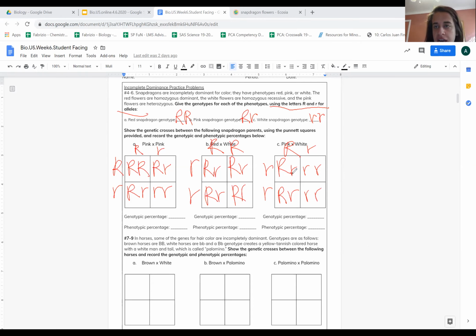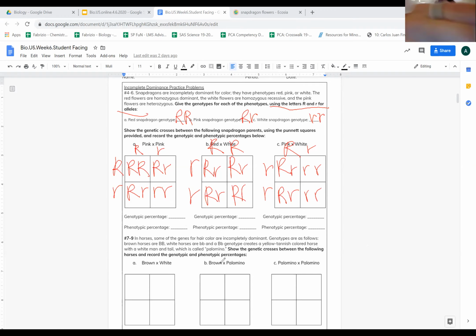So we get half of our cross expressing the pink gene or the pink phenotype, whereas half is expressing the white phenotype. So it asks us about genotypic percentage. So this means what are the different genotypes and what are the different percentages that we're showing here.